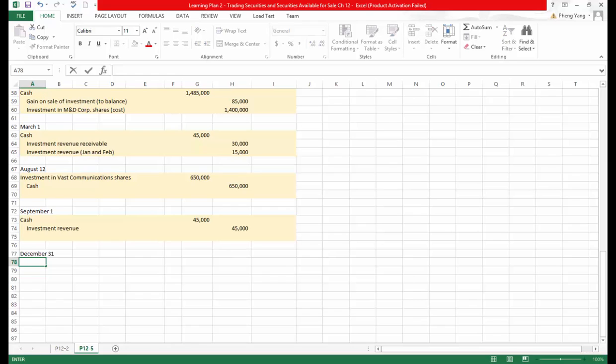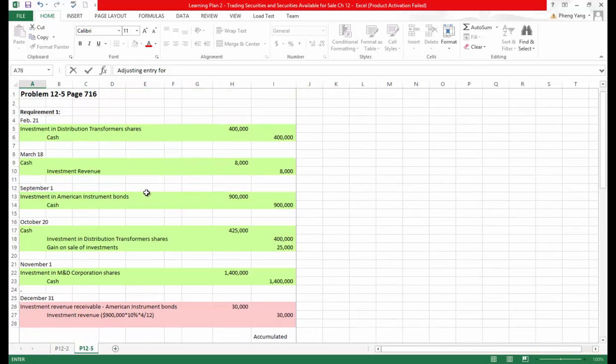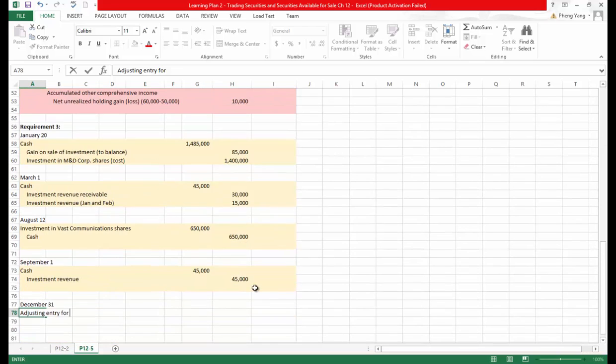Okay. All right. Once again, we've got to make that adjusting entry for, let's see here, which investment was it? Yep, the American Instrument Bonds.